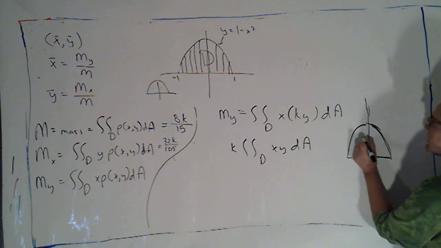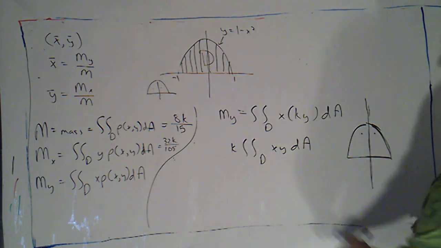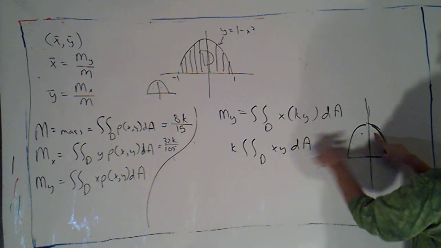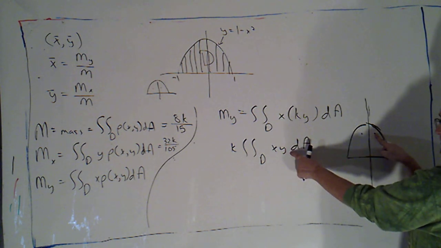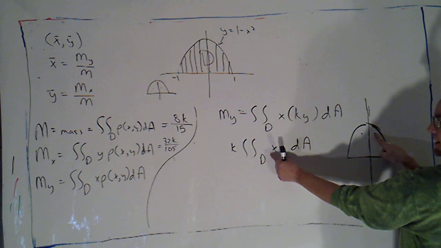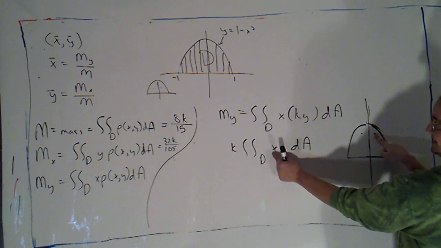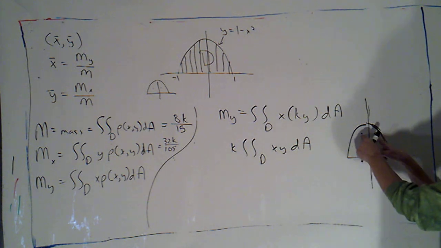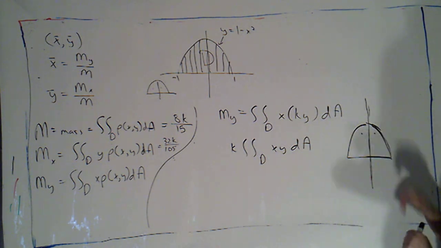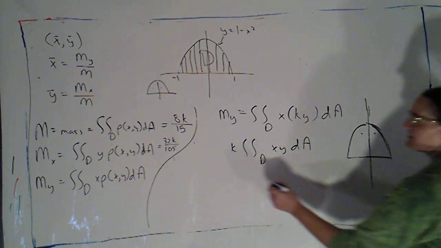Now if I look at mirror image points, and I look at my integrand, these 2 points are going to have the same y value but the opposite x values. That means that when I integrate, if I call this the z value, the heights or the z values that I'm attaching to those points are exactly opposite. Positive here, negative here, they're going to cancel out.